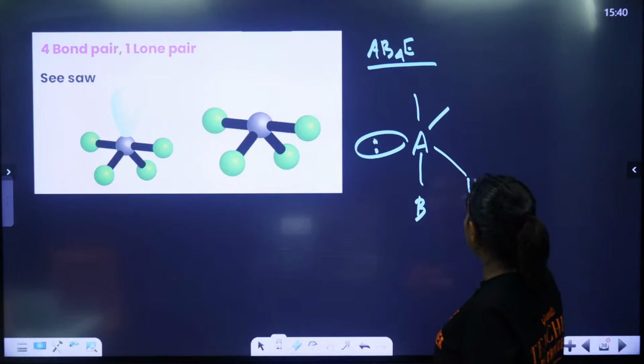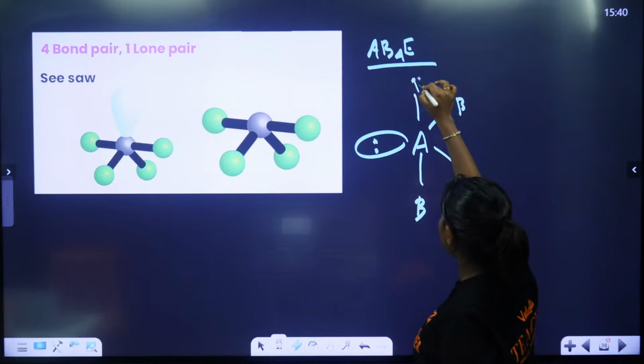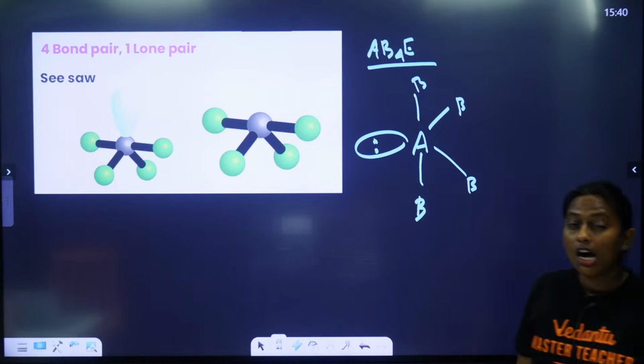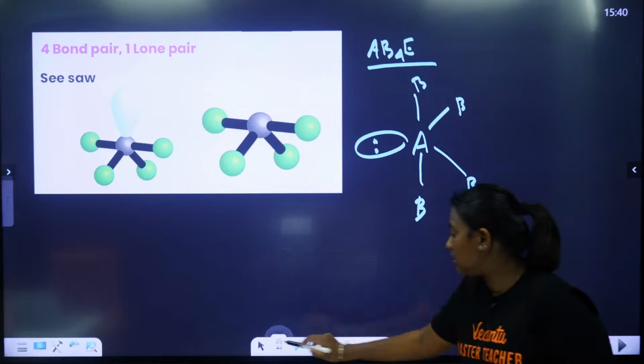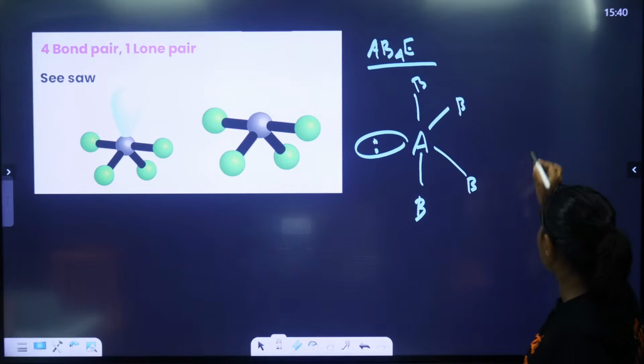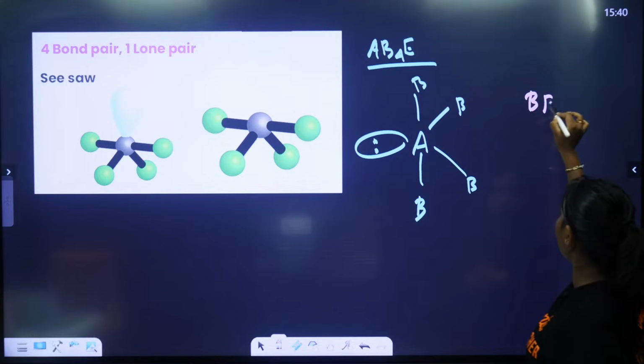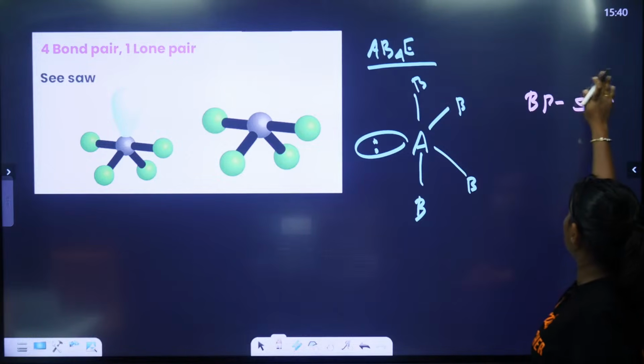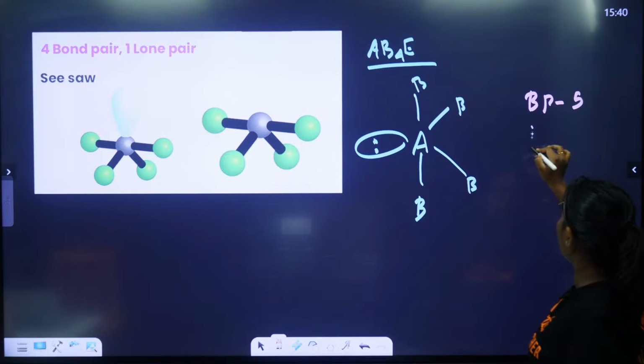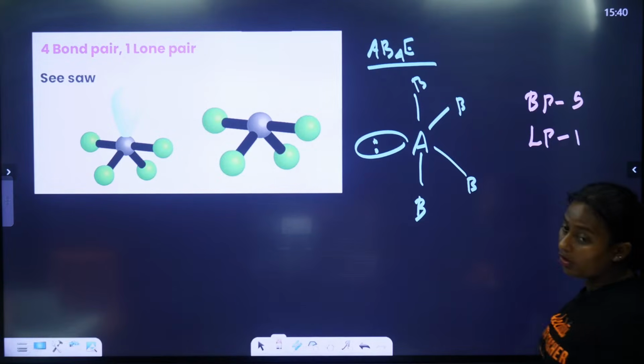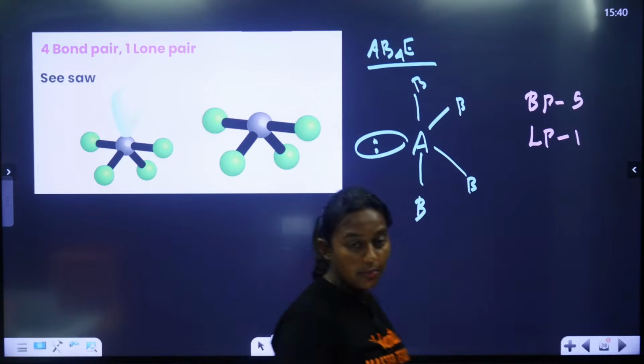This is the structure of this molecule. Here the total electron pairs are 5, and lone pair is 1.